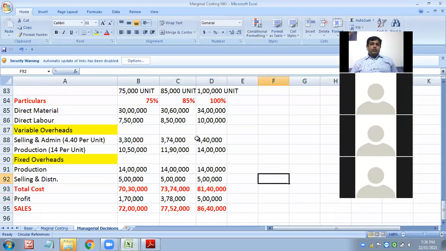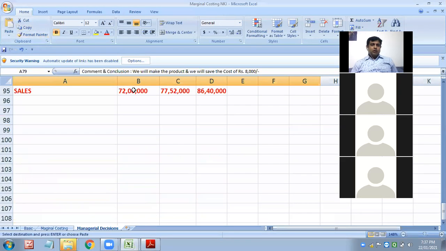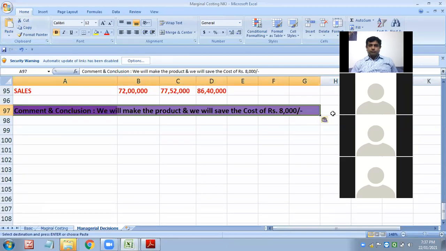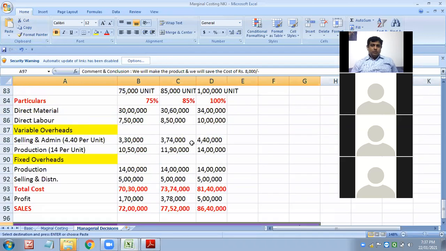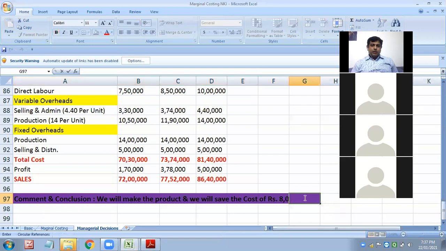So I think we can easily see and comment that it is the best level of activity. With this we can see that at 100% it is best to make the production.